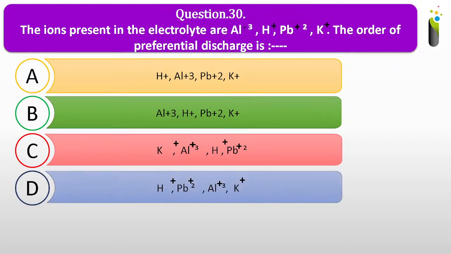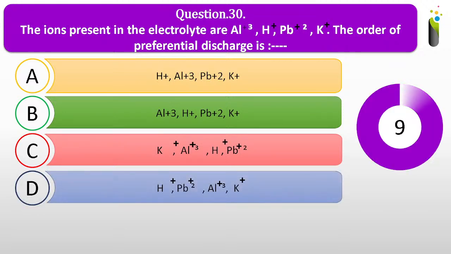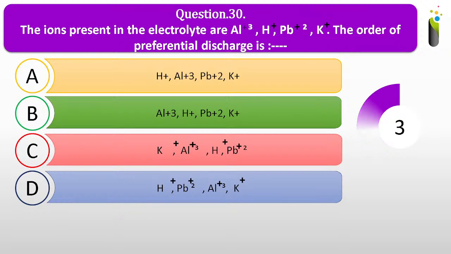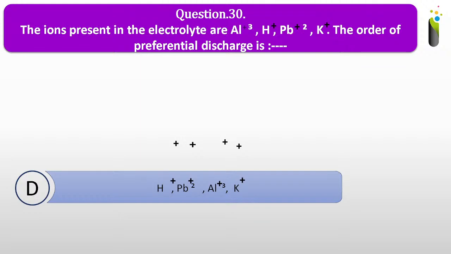D. H plus, Pb plus 2, Al plus 3, K plus. The correct answer for this question will be D. So the order of preferential discharge is H plus, Pb plus 2, Al plus 3 and then K plus.